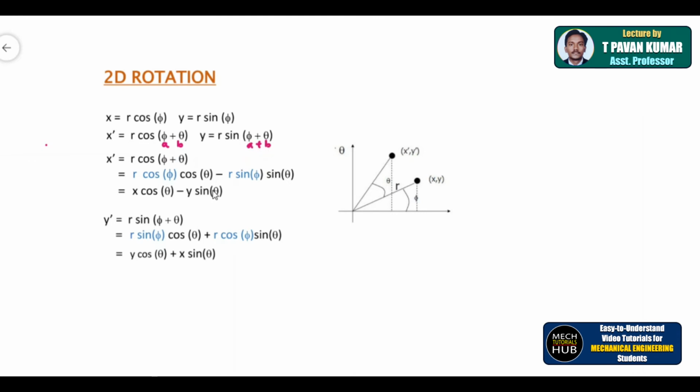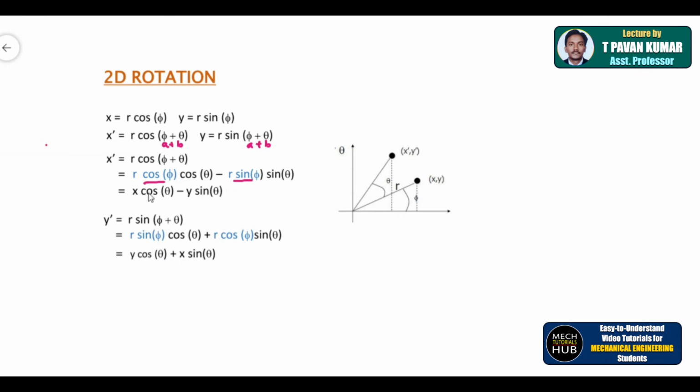If you consider it as a plus b, you will easily understand from the basics what the formula is. x prime is equal to r cos phi plus theta, meaning r cos phi cos theta minus r sin phi sin theta. Remember this r cos phi is in blue color, and this is also in blue. Just remember these two. This becomes x cos theta minus y sin theta.